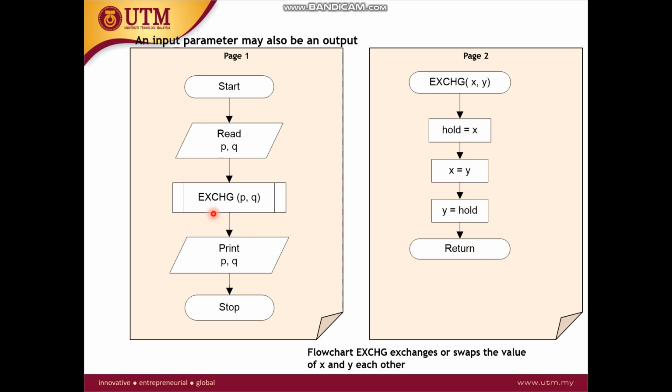That's it. But here we are calling this function on those 2 parameters, so they are going to be replaced with those 2 parameters, and then we are going to print P and Q, which we read through the keyboard or stuff like that. Now the data inside of them are going to be exchanged, and the program goes to the stopping point.